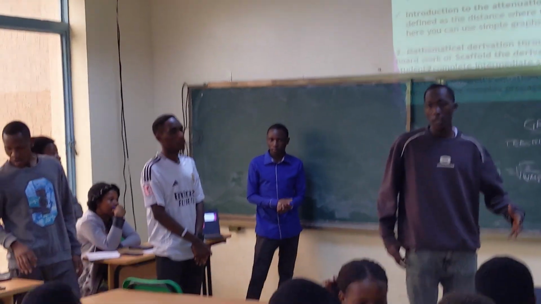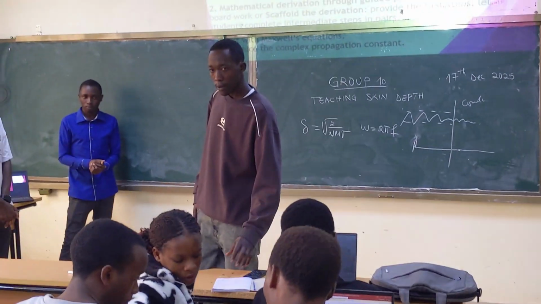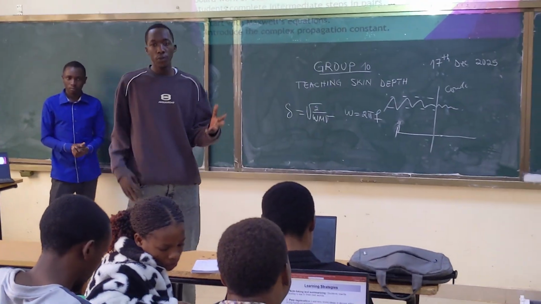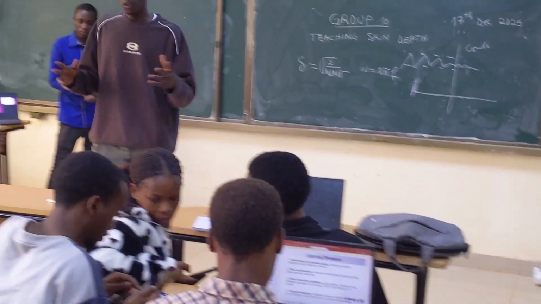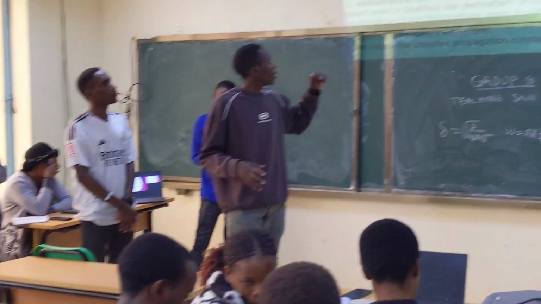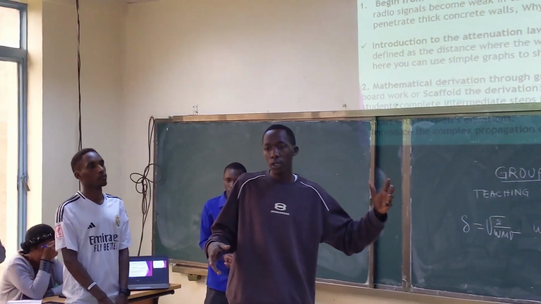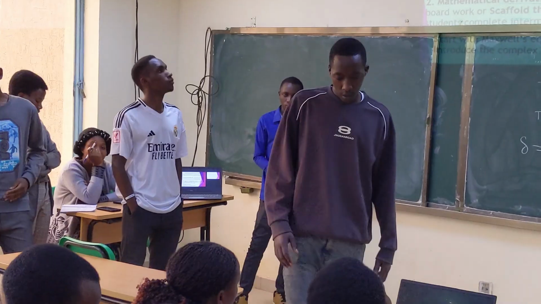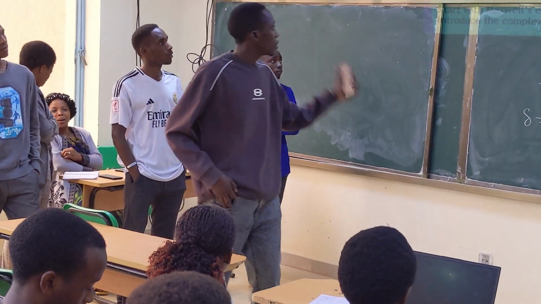This is a demonstration you can do in class to help students understand what's going on in the lesson of skin depth. You start with a real life situation which students already know about, so you can introduce the attenuation law.